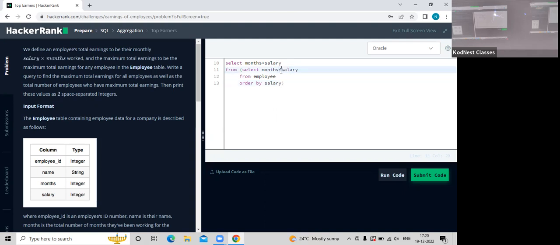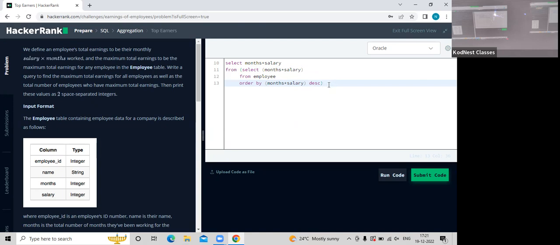Here only I will write select, multiply these two, and perform order by month into salary in descending. I hope all of you are getting why I have written this, the subquery I have written. Yes or no? Okay.